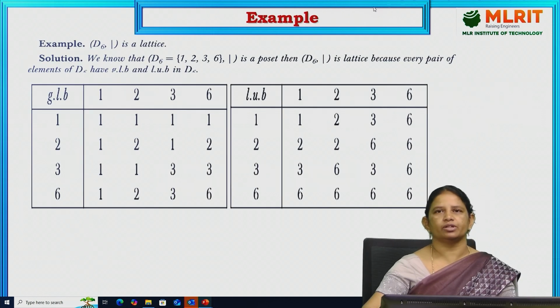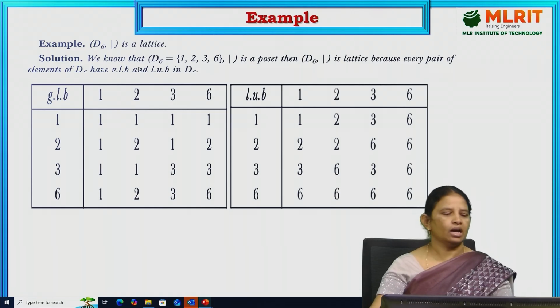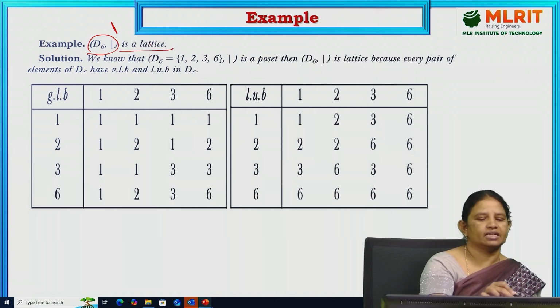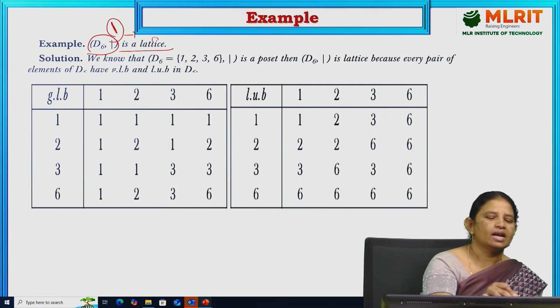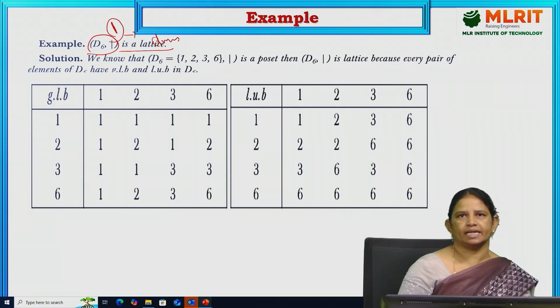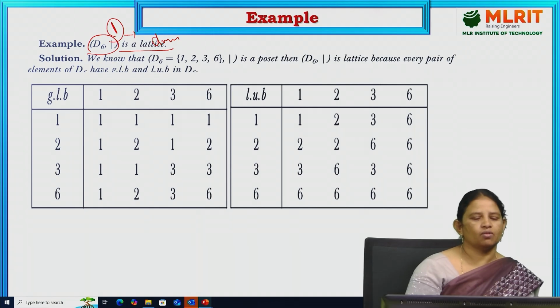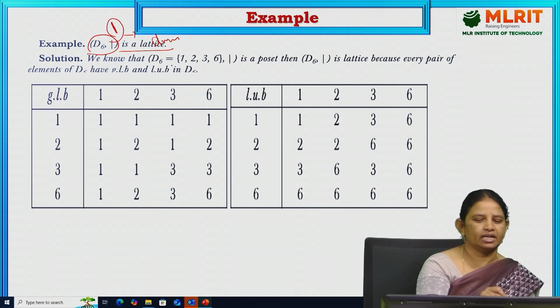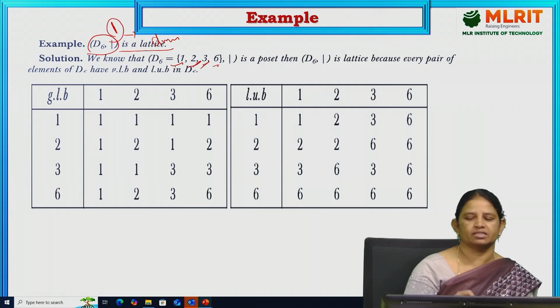Consider one example: D6 with the divisibility operator. Is it a lattice? We know the divisors of 6: 1 divides 6, 2 divides 6, 3 divides 6 and 6 divides 6. It is a poset.